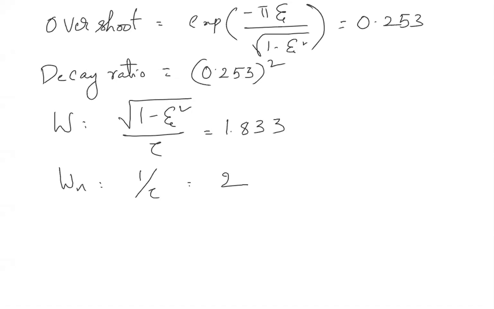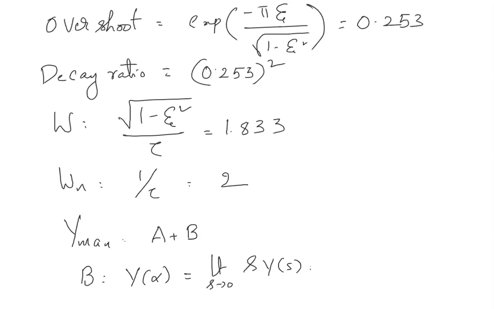How do you calculate Y max? Y max is nothing but A plus B. What is B? B is nothing but Y infinity. How do you calculate Y infinity? Limit S tends to 0, S into Y of S. Limit S tends to 0, S into 10 by 4, and S and S will cancel.